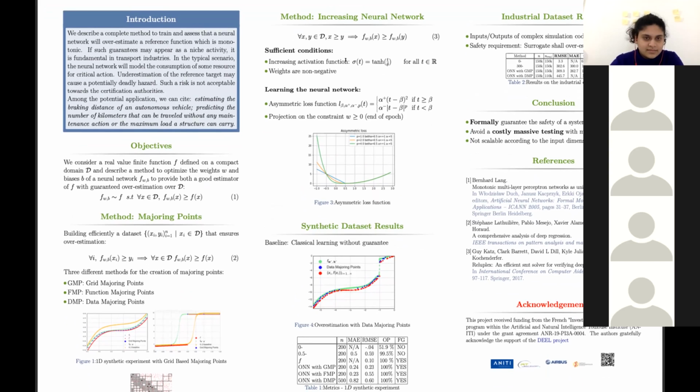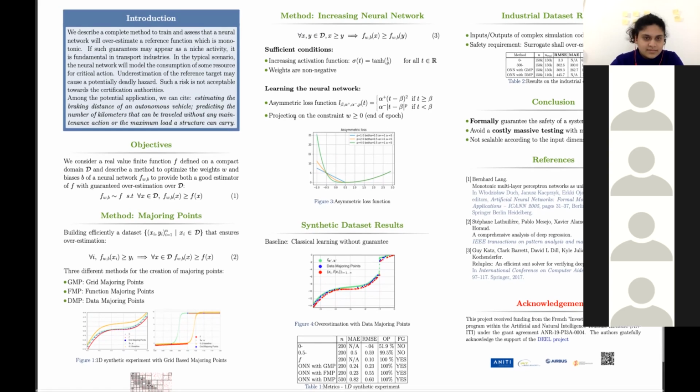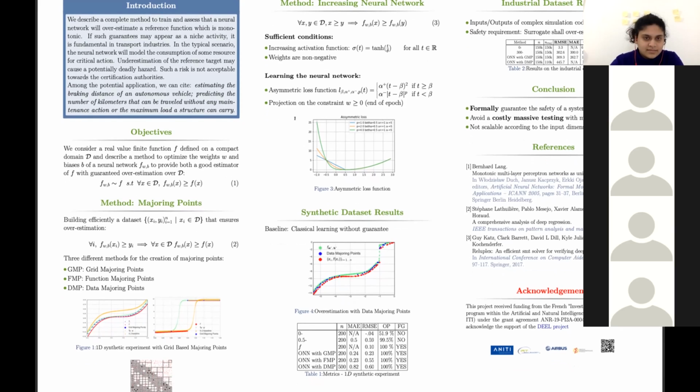So the activation function has to be increasing, and you also have to have all the weights non-negative. How to train such a network? We have to use asymmetric loss functions. In the loss function, you want to penalize an underestimation more than an overestimation.